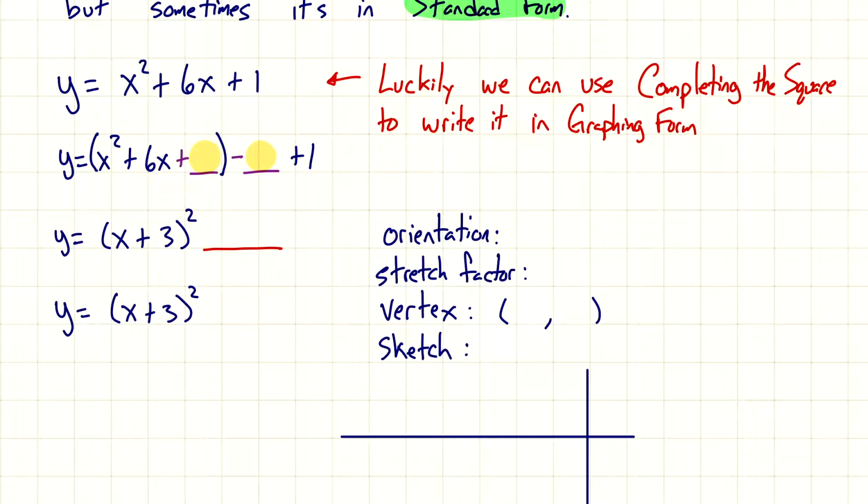If you remember, the shortcut for this was if you take 6 and divide it by 2 and square it, that's 3, and 3 squared is going to give us 9. So the magic number for us is going to be 9. So we're going to add 9 and we're going to subtract 9 in this equation.